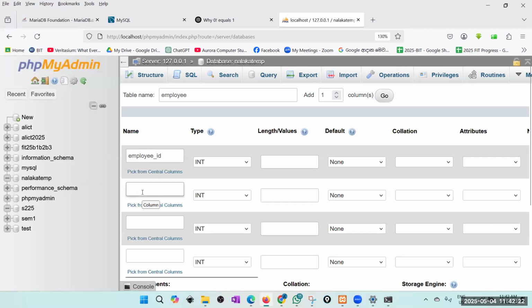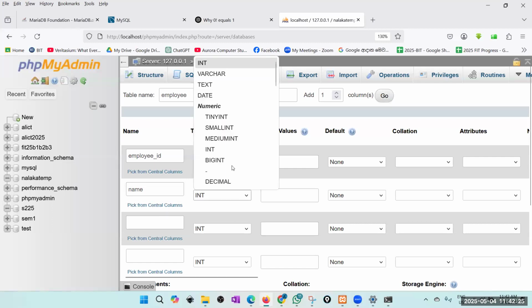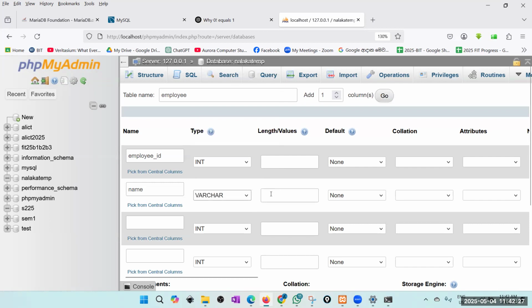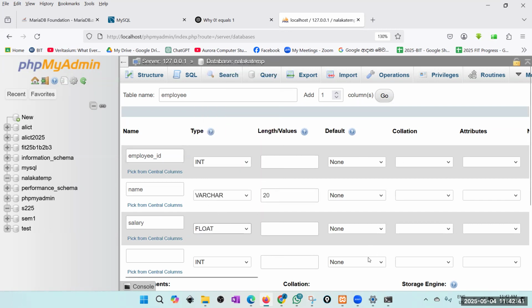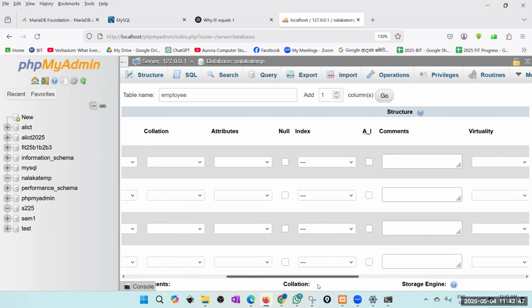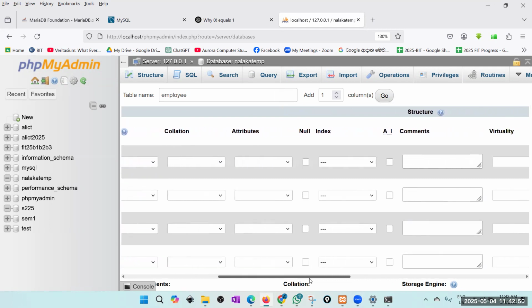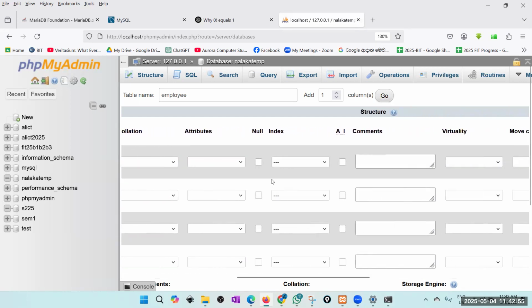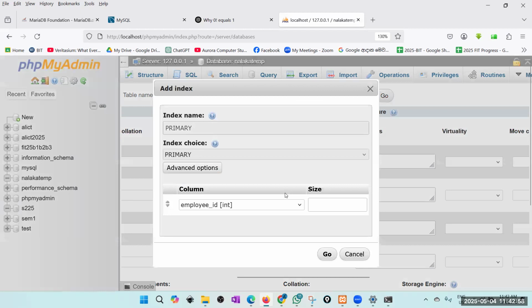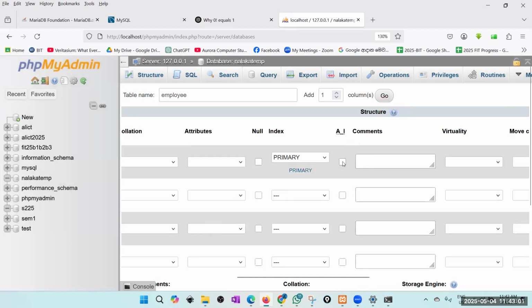Okay, say name, say it's a varchar 20, maybe salary, maybe float. I want to mark employee ID as my primary key. Index must be primary. And auto increment if you want to make it auto increment.